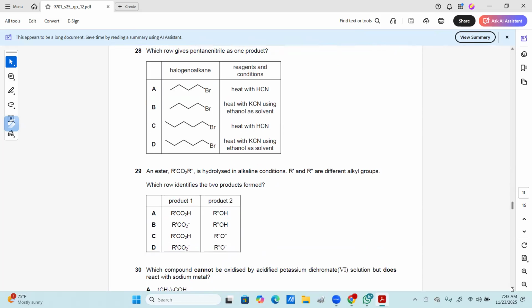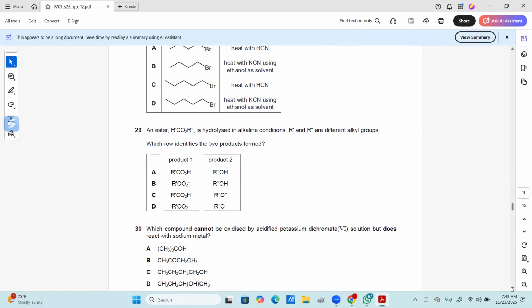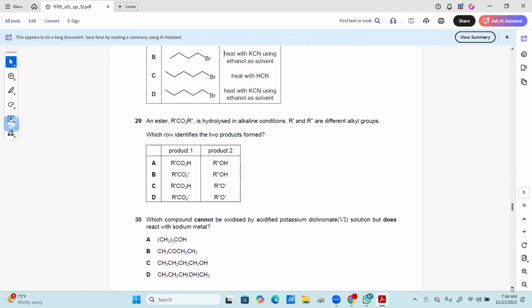An ester is hydrolyzed in alkaline conditions and has different alkyl groups. Which row identifies the two products formed? Okay, so R-COO-R double dash. So when it undergoes hydrolysis in alkaline conditions, you get a carboxylate salt and the alcohol.